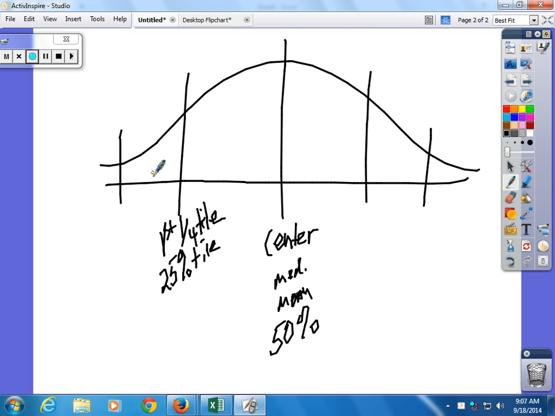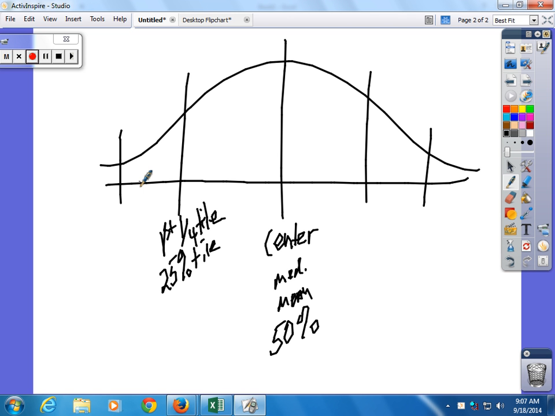This is 32 and 32, I think. I think 34 and 34, and then 2.5 and 2.5, 16%.